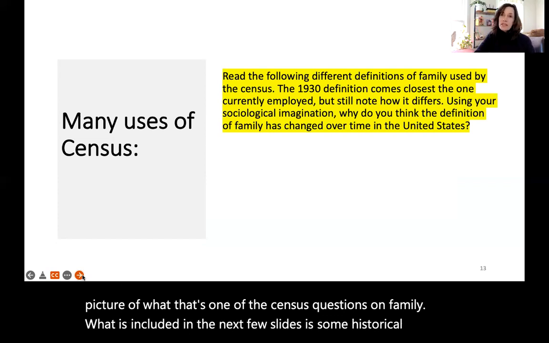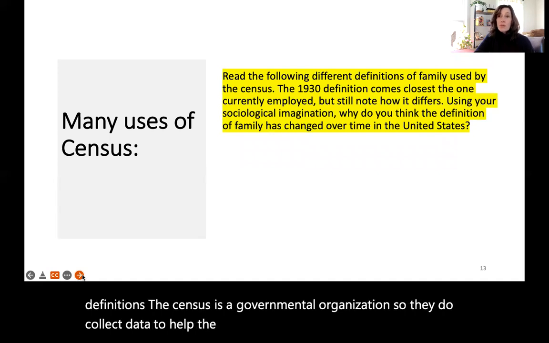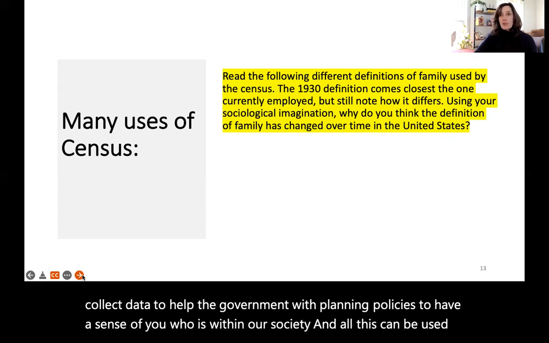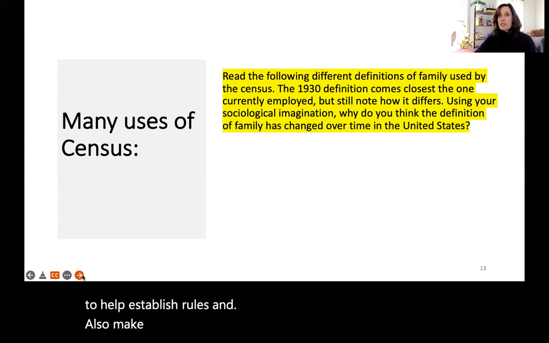The census is a governmental organization, so they do collect data to help the government with planning policies, to have a sense of who is within our society, and all this can be used to help establish rules and also make sure rights are granted in a way that we want them to be, like voting.